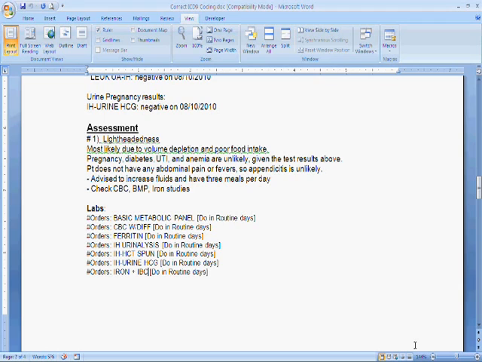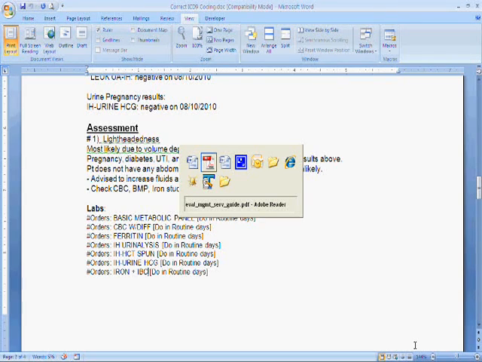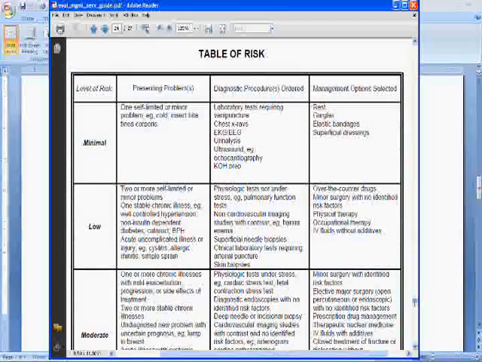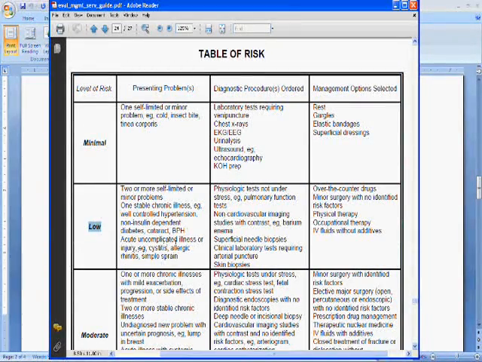If it's something to volume depletion and for poor food intake, it's probably not hugely severe. And the flavor of the note kind of indicates that. So I would say that for the presenting problem, this would be a low risk, due to that it's an acute, uncomplicated illness or injury.